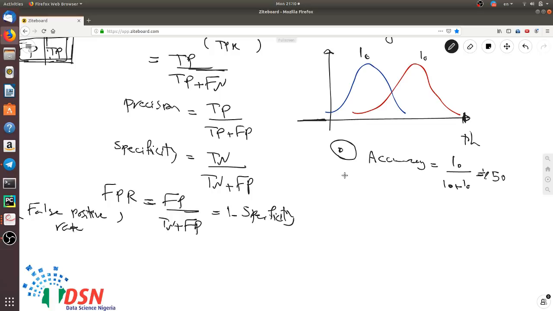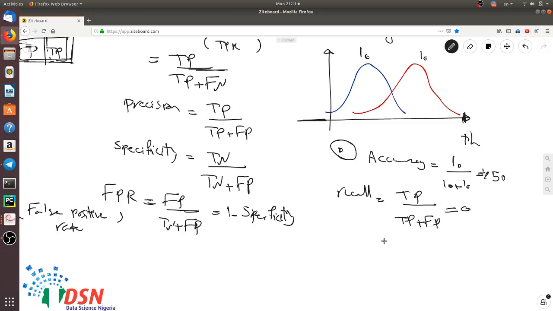But now in this case, what is the recall? We know that the recall is true positive over true positive plus false negative. In this case, the classifier tells us all the data is negative, so we don't have any true positive, so it is 0.